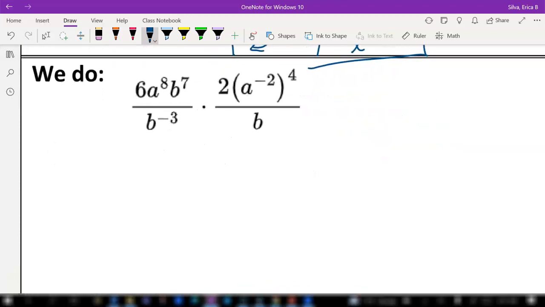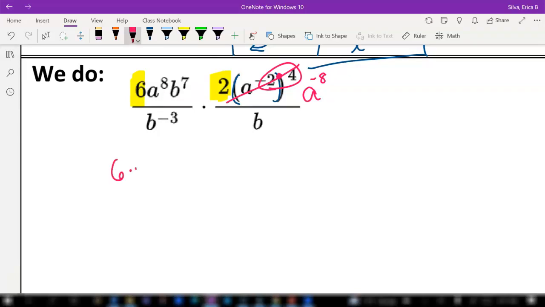Okay, let's look at the next one. We have parentheses, so we're going to multiply these two. Notice how the 2 is not inside of the parentheses, so we don't put that exponent of 4 with the 2. So this is going to give us a to the negative 8th power. All right, there's no zeros, so let's group our like terms.